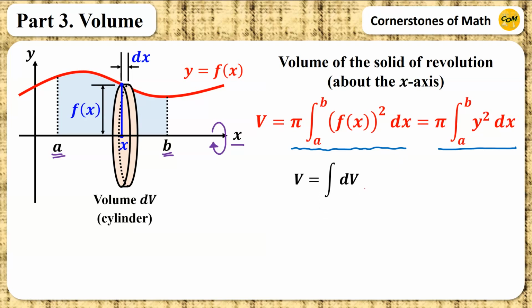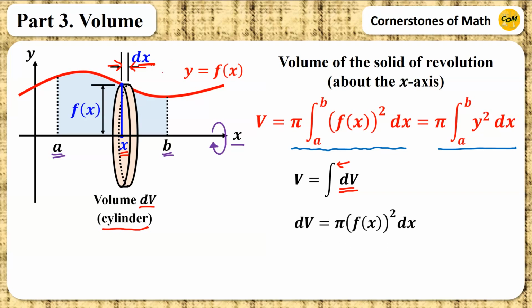Simplifying a lot, the volume is essentially the sum of the many infinitesimal volumes dV, and when we are dealing with the sum of infinitesimally small things, we use integral notation. In this case, dV is the volume of a cylinder or a disk located at position x having infinitesimally small thickness dx.